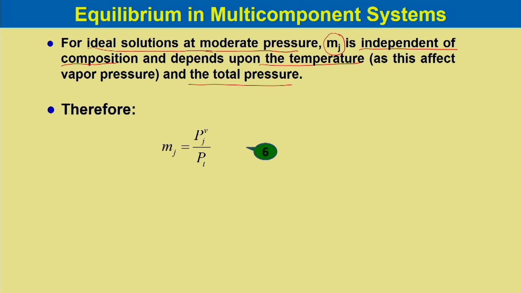Therefore, we can write mj is equal to Pjv divided by Pt. So, alpha ij is equal to Piv divided by Pjv.